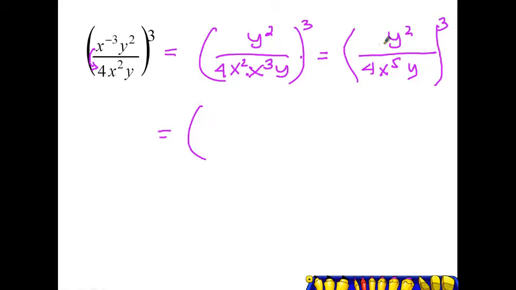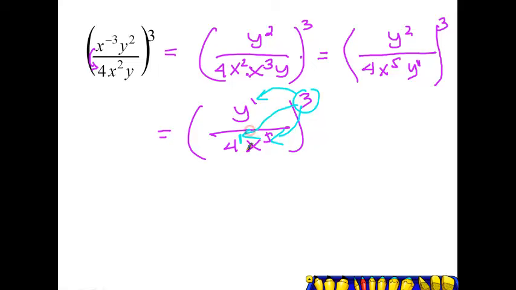Then I have y squared divided by y. Of course, the exponent of y is 1. So when you're dividing, you keep the base, subtract exponents, 2 minus 1, which is just 1. And then I have 4x^5 y raised to 3. Now we can distribute this exponent to 1, to 5, and then the exponent of 4 is 1, so 3 times 1 also.